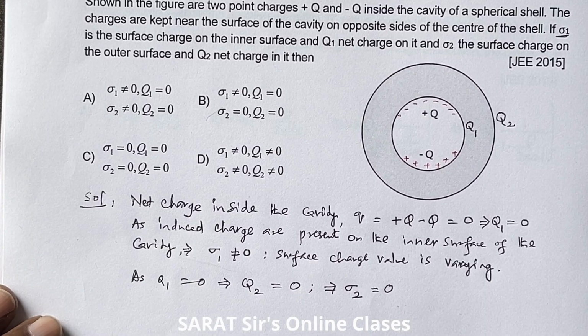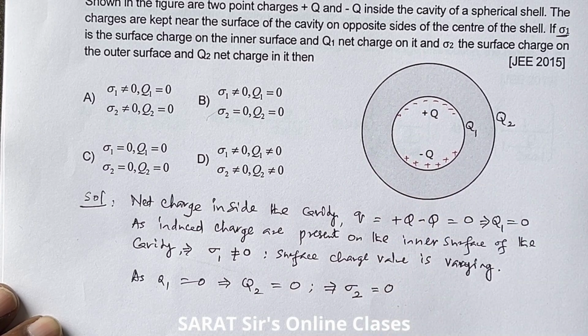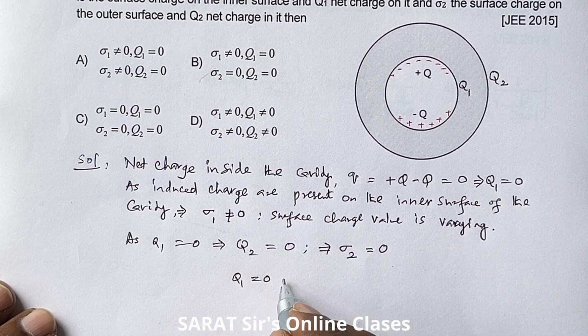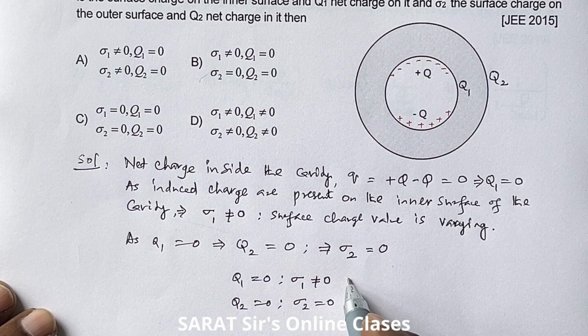So this is the consequence of the presence of two point charges inside the cavity. Let us write the results: q1 is equal to 0, but sigma 1 is not equal to 0. The second inference we got is q2 is equal to 0 and sigma 2 is also equal to 0. So this is the correct inference.